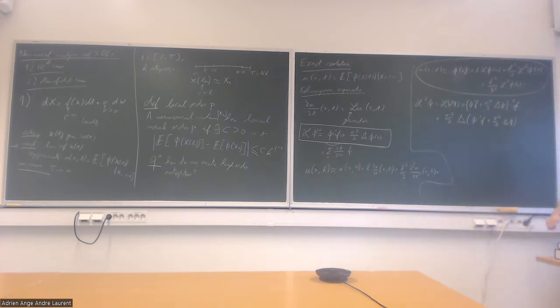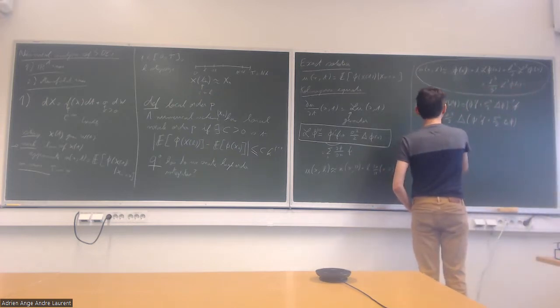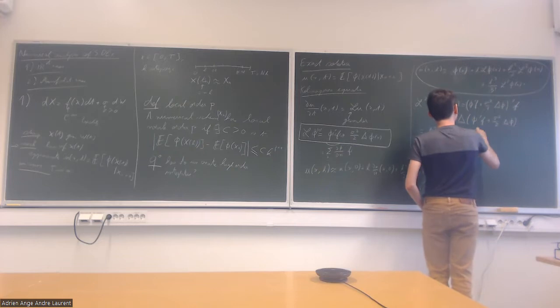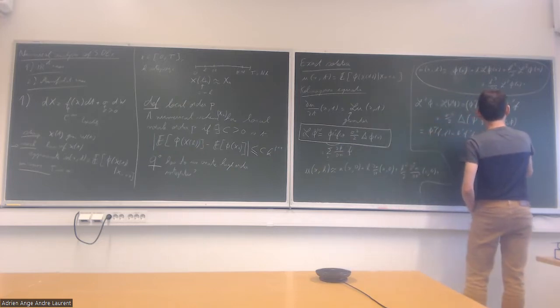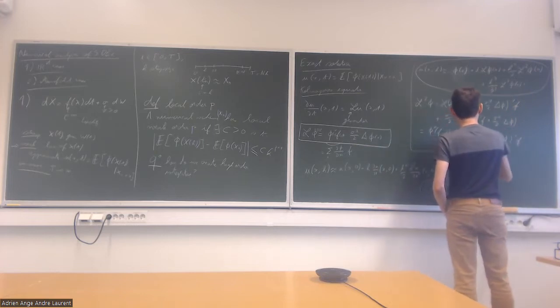Nice. Well, let's do it. I will just write the results so I can find them again. So what you have is phi second f f plus phi prime f prime f plus sigma squared over 2 phi prime Laplacian f.